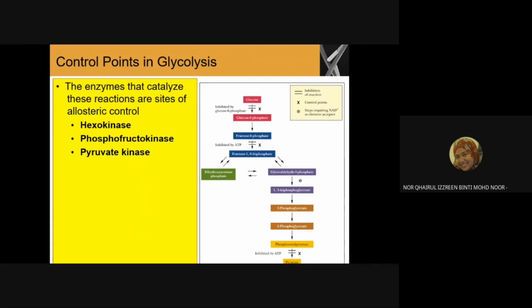This is also inhibited by ATP. Too much ATP will attach to phosphoenolpyruvate and prevent it from converting to pyruvate. So this is 3 total control points in the glycolysis pathway.